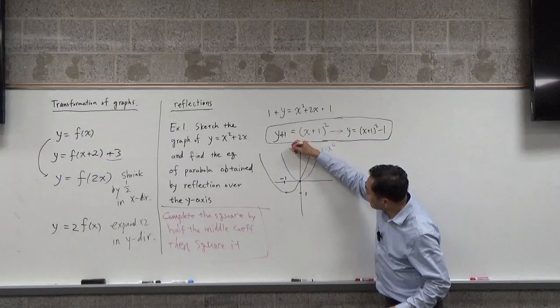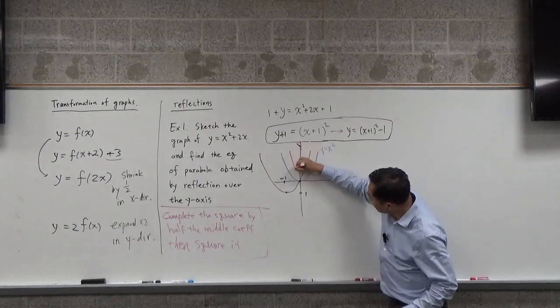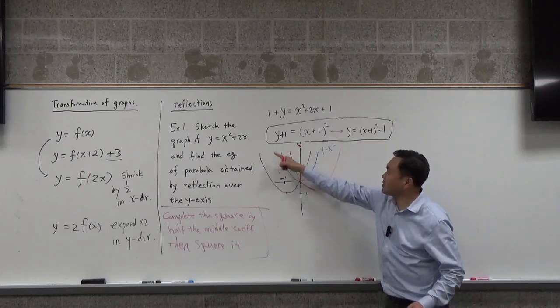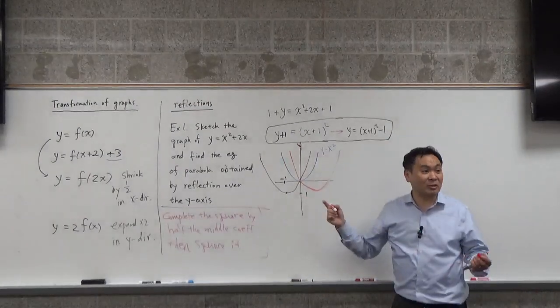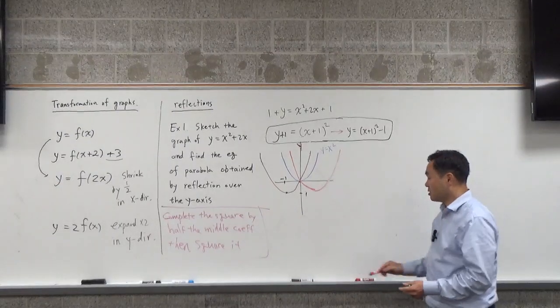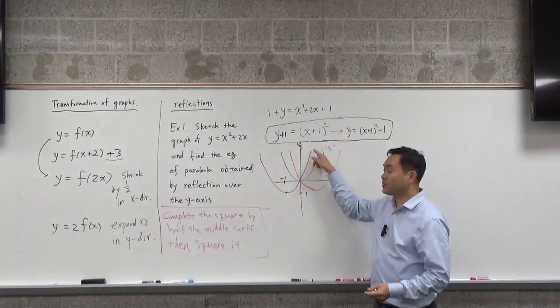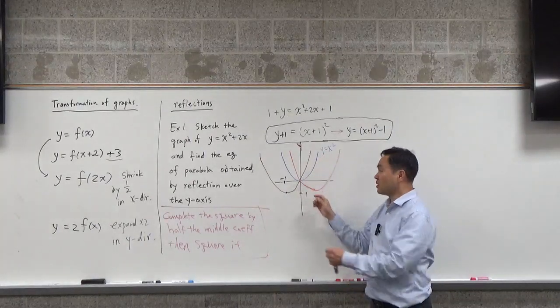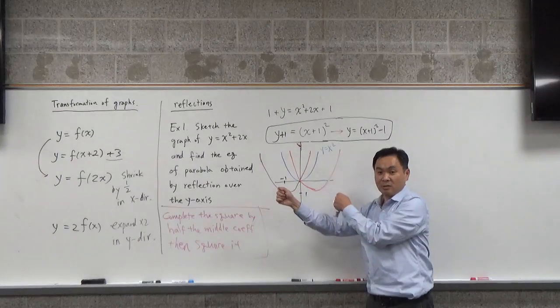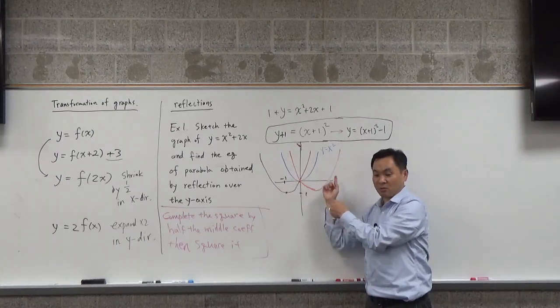So if you have a graph that looks like this, then this and this will be symmetric, right? Another way to think about this reflection is if you drew this graph and then flipped it over, that's the other graph.